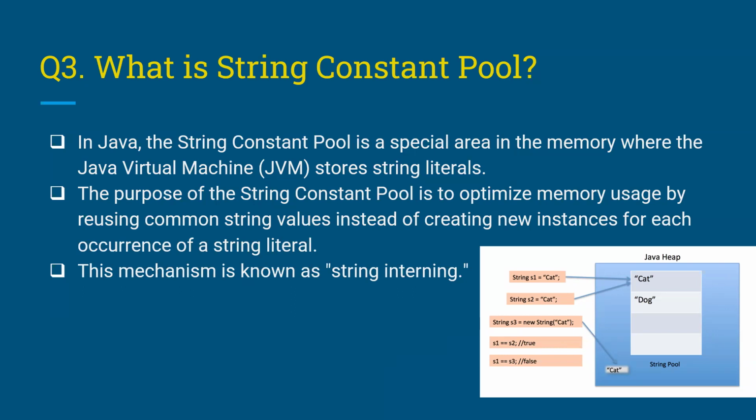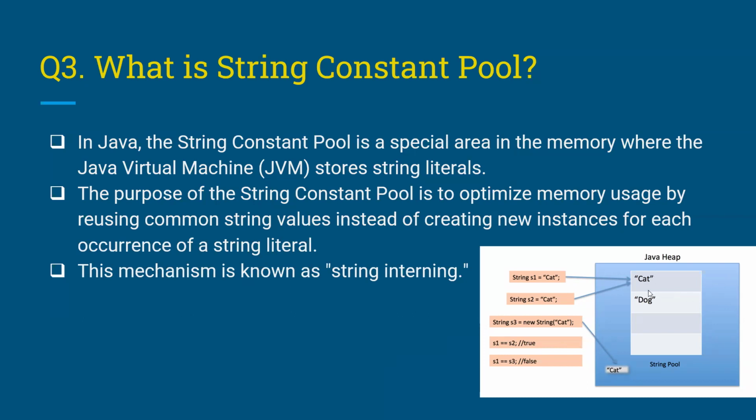For understanding purposes, I've taken an example: String s1 equal to "cat". We are using the literal, so the memory directly occupies the SCP. String s2 equal to "cat". Now this time, the JVM will first cross-check whether the same content of the string class object is available or not.